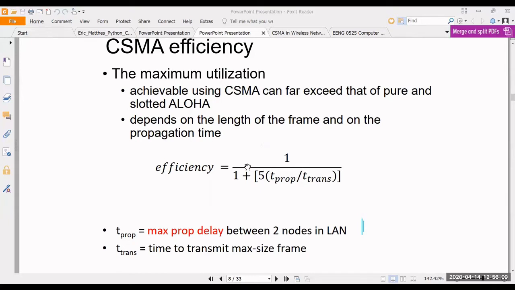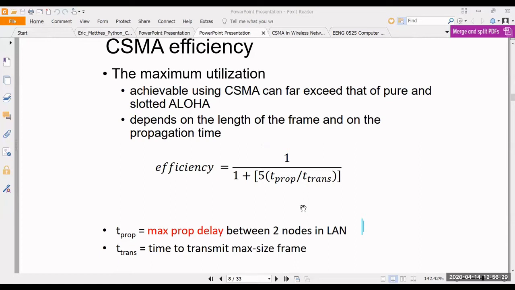So to make the efficiency a good value, what do we need to do to make the efficiency go high? The denominator should be very, very low.